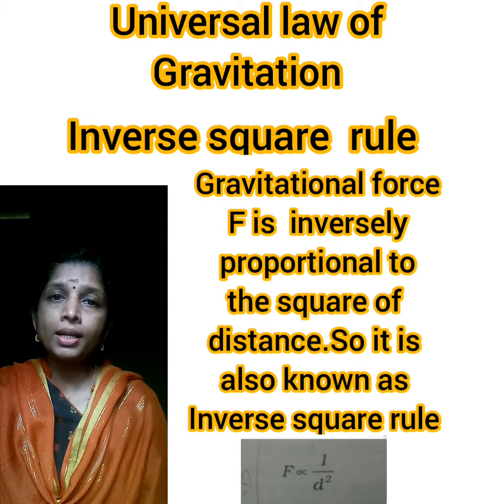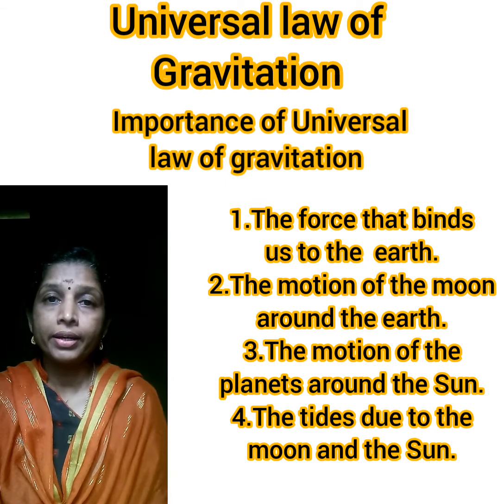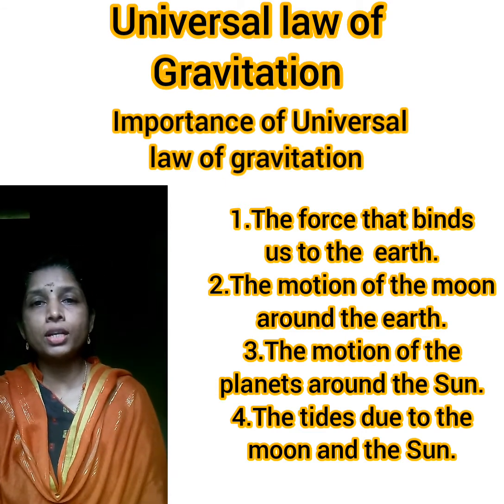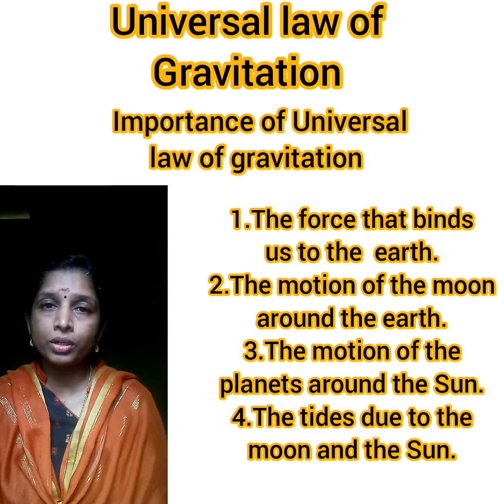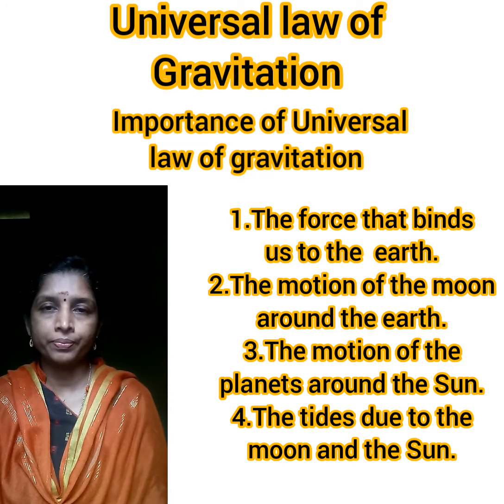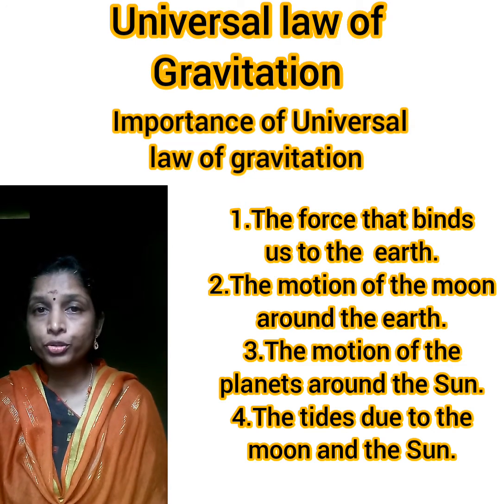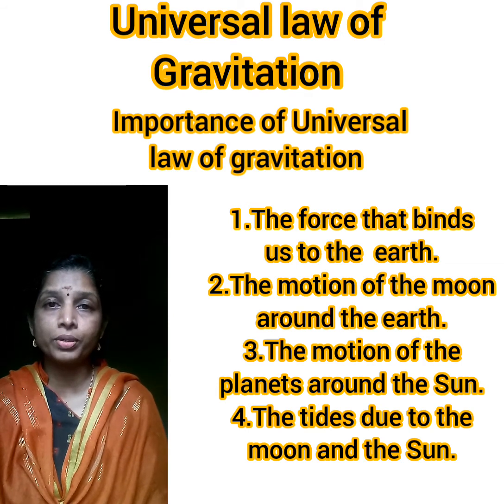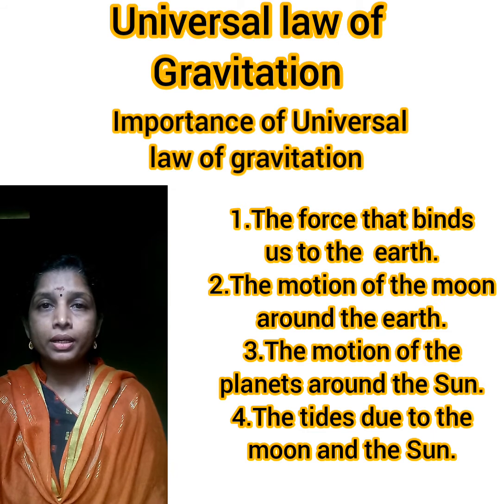And what is the importance of the universal law of gravitation? First of all, we are all bound to the earth due to the gravitational force of the earth. Likewise, tides happen due to the gravitational force between the sun, the moon and the earth.